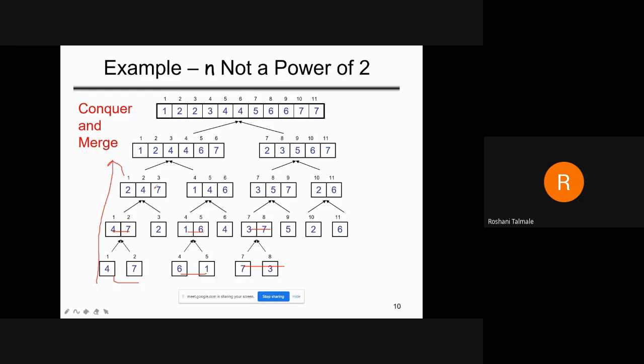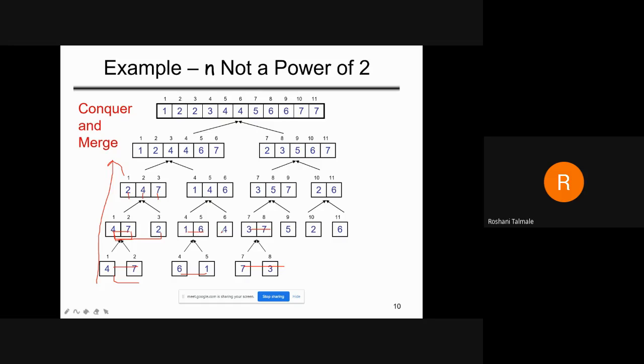So we will go for the third iteration. This is first, this is second. Now we go for the third iteration. In the third iteration, what we have to do: 4 is not compared with the 7, it is already compared here. So 4 is compared with the two elements. 2 is the less, so we will place the 2 here. Then 4 is here. For 7, there is no comparison, so we will keep the 7 over here.